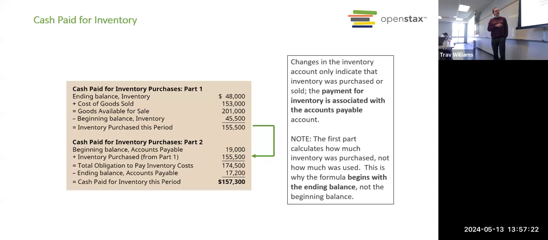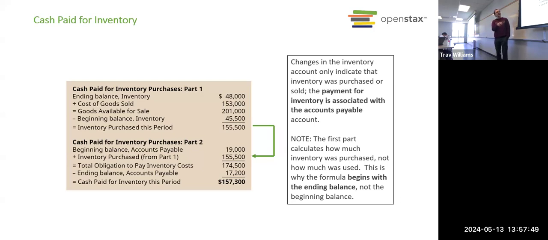The part that's tricky about this direct method is when you get to payments for inventory. The reason that's tricky is you have to first figure out how much inventory you purchased, and then figure out how much you paid for the inventory. The second part of that, how much you paid for the inventory, looks pretty similar to the formula we just saw.